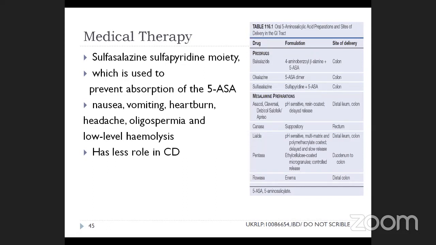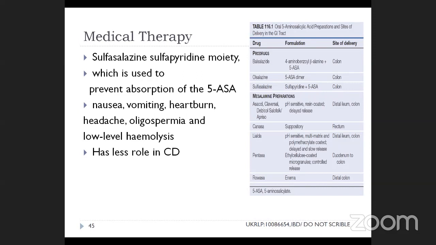Coming on to the medical therapy, I'll be dealing with medical therapy in short, as we are going to deal with the surgical aspect much more than the medical therapy. There are plenty of drugs which are used, especially the steroids, sulfasalazine, and immunomodulators.